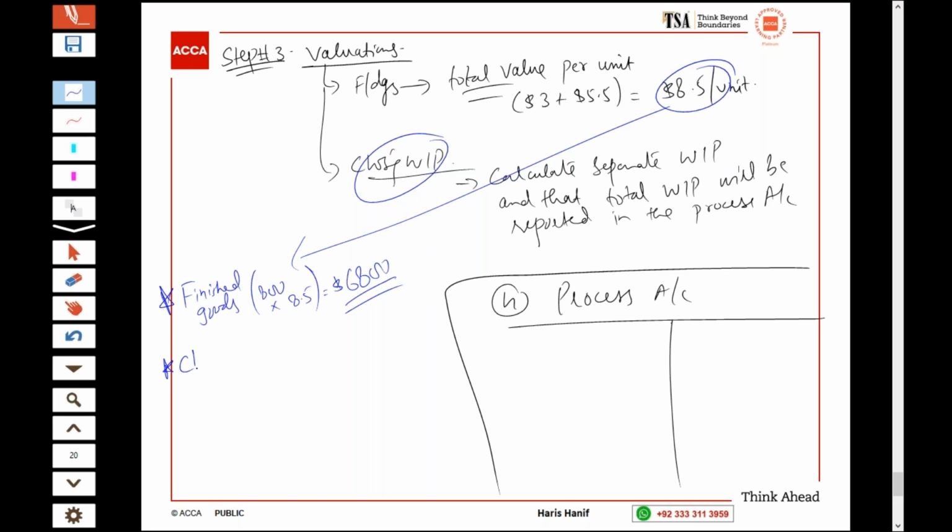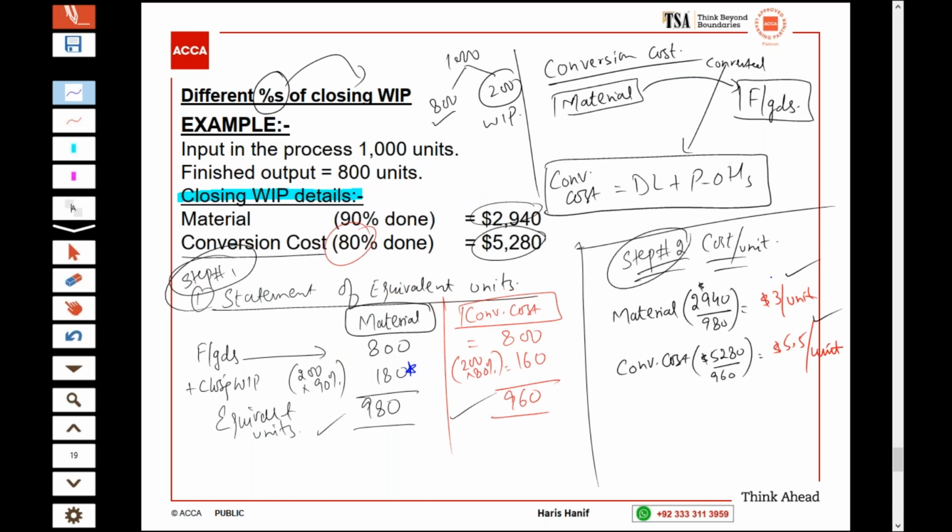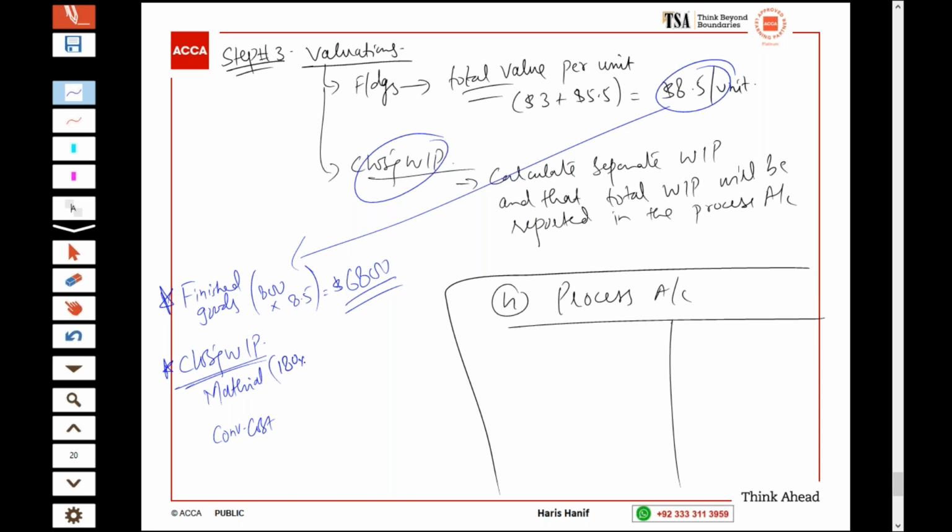And number 2 is the closing WIP, with respect to material and with respect to the conversion cost. With respect to material, 180 units at $3 per unit, and 160 units at 5.5. 180 multiplied by 3 is 540.